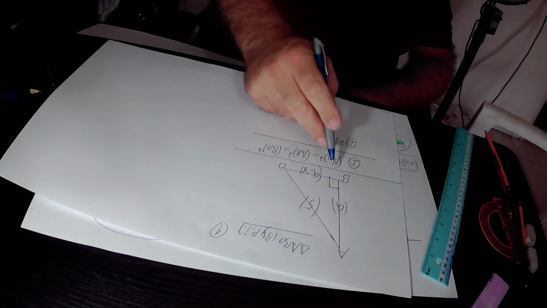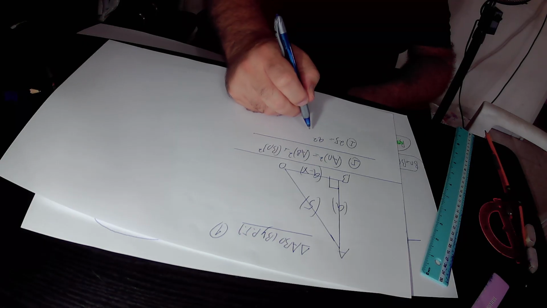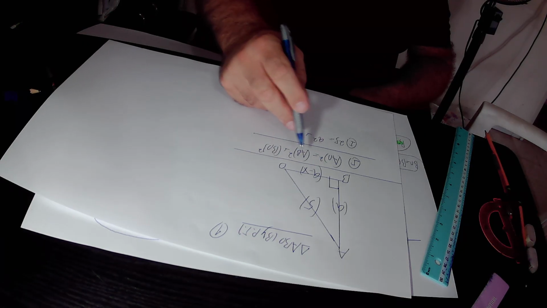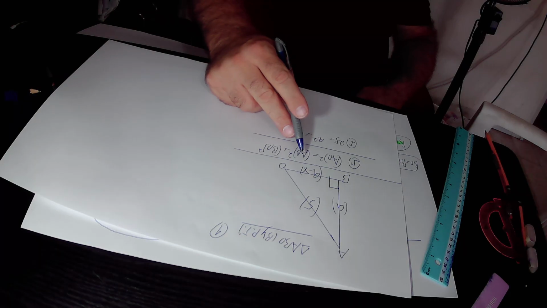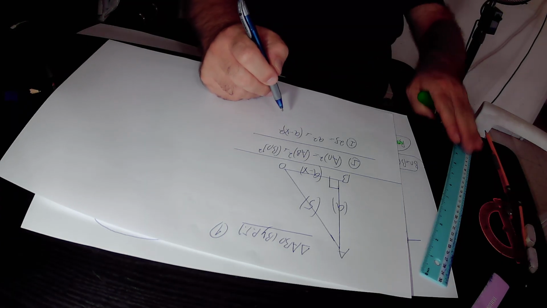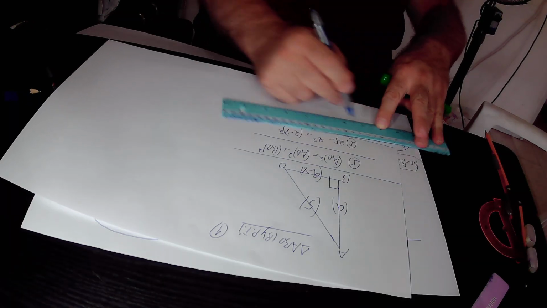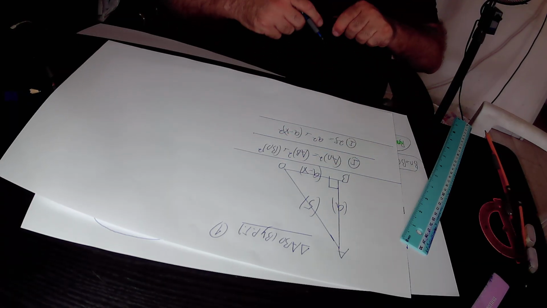And it equals AB squared. AB is A, therefore AB squared is A squared, plus BO squared. BO equals A minus X units in length, therefore BO squared is equal to (A minus X) squared. In total, according to equation 1, we have found that 25 equals A squared plus (A minus X) squared.